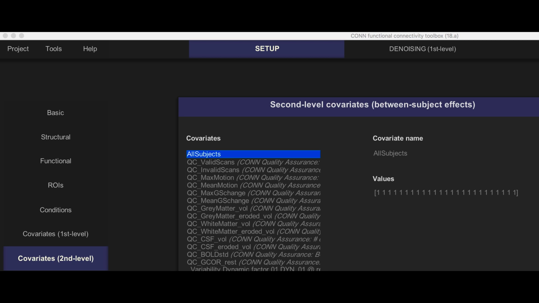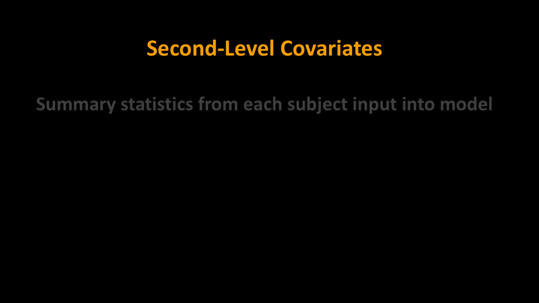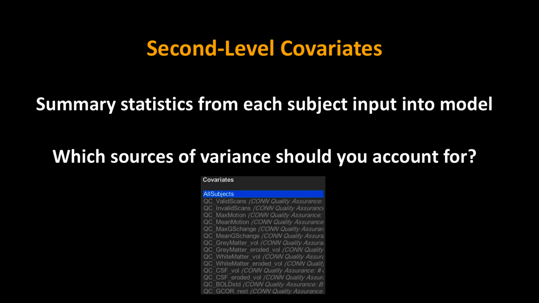So let's see here. These are the covariates. We'll cover this in a second. I'm not going to spend too much time on that. Second level covariates is another thing in the setup tab that you'll be able to account for. It outputs all these regressors from each subject.